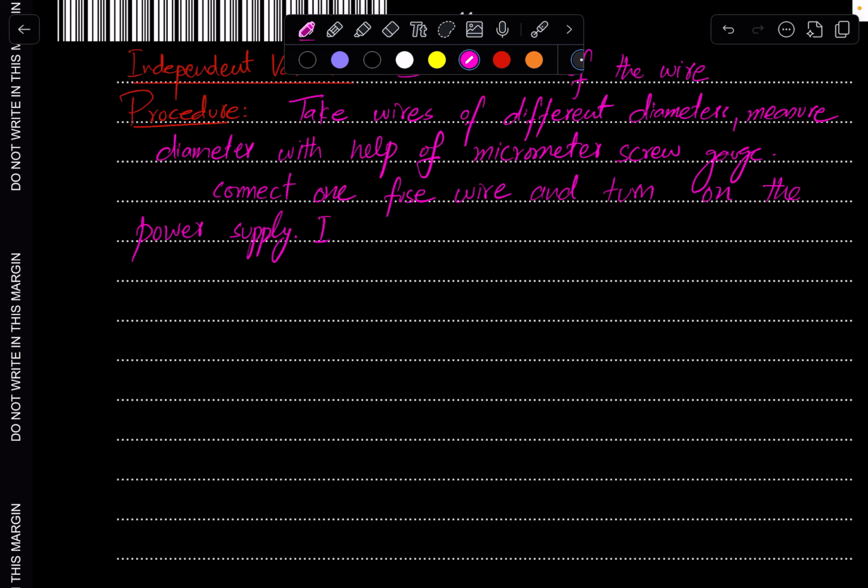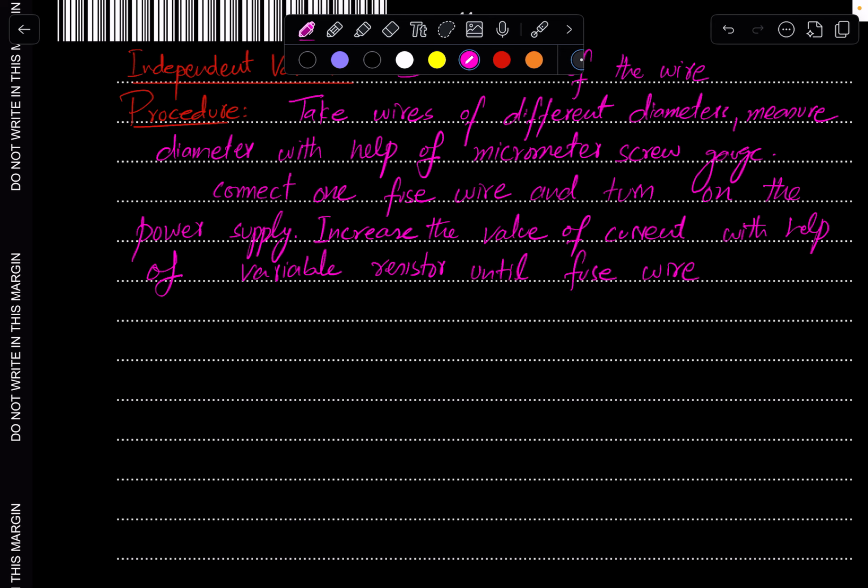Now I will increase the value of current with the help of the variable resistor until the fuse wire melts.